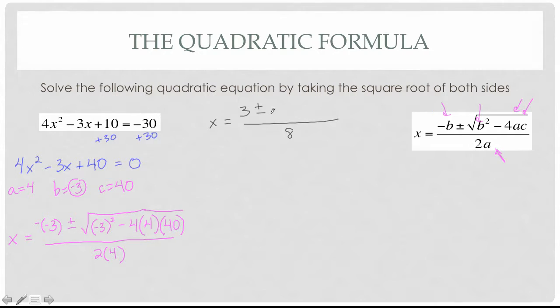And I like to calculate all this stuff under the square root. Well, (-3) squared is going to be 9. That's easy to do. I'm going to subtract 4 times 4 times 40. What do we get? I pull my calculator out. 4 times 4 times 40 is 640.